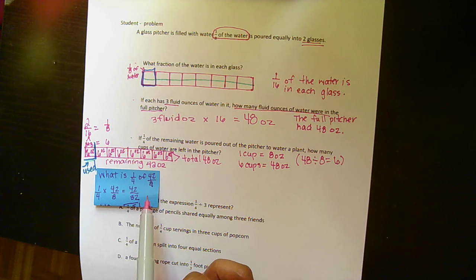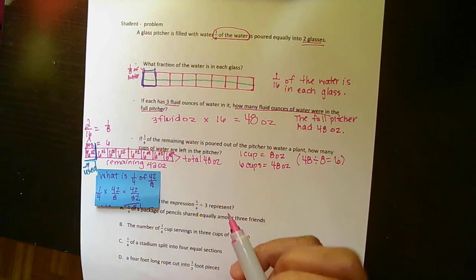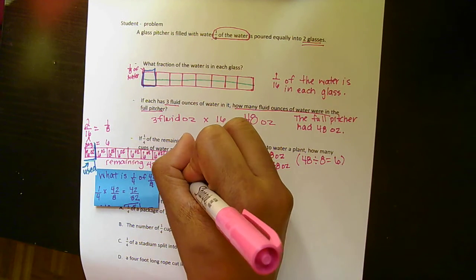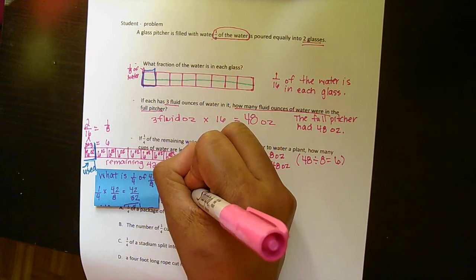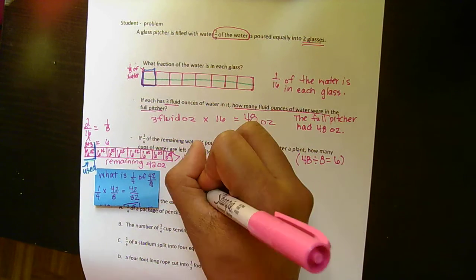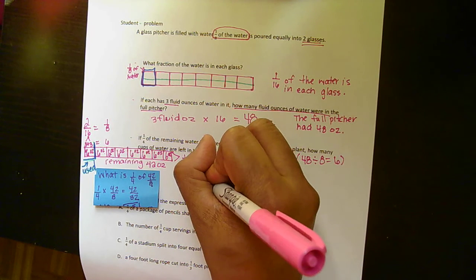Okay, so I already know that this is the part that they used. So if I already know what was used and the total amount of, this is the remaining, which will give me, I'm going to write 42 over 8, right? Because this is what was remaining, and this was what was used. This is the 1/4.